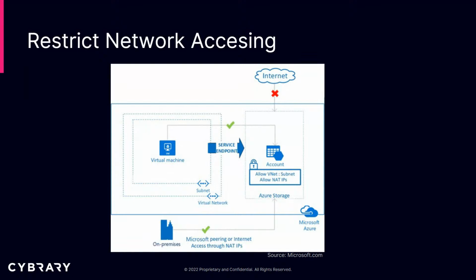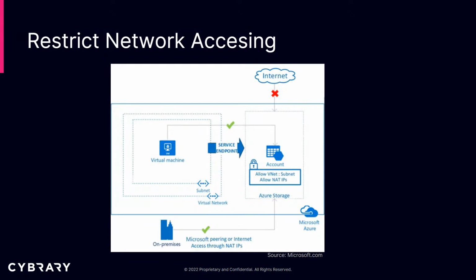You can enable on-premise network to access resources using NAT IP addresses in this situation. So basically, what that really means is that you don't provide access directly to the internet. You're using VNets, as well as a secured IP in your virtual network to provide access to your data from your virtual environment.